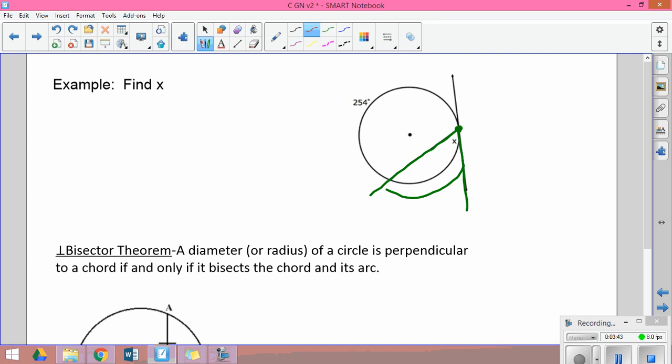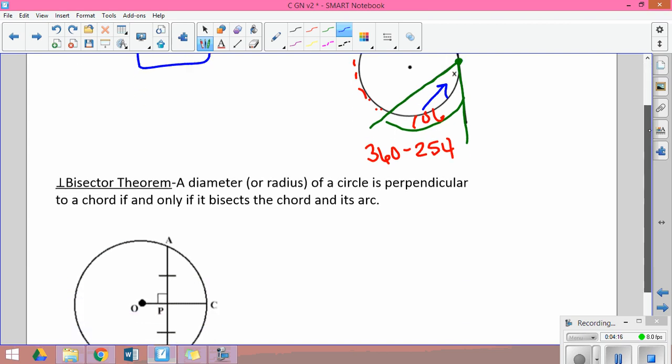Well, indirectly, I know this one is 254, so the green one has to be 360 minus 254. So that means the red one is 106. And when I move into my angle that is inscribed, that is vertex on the circle, I cut it in half, and that makes it a 53 degree angle.